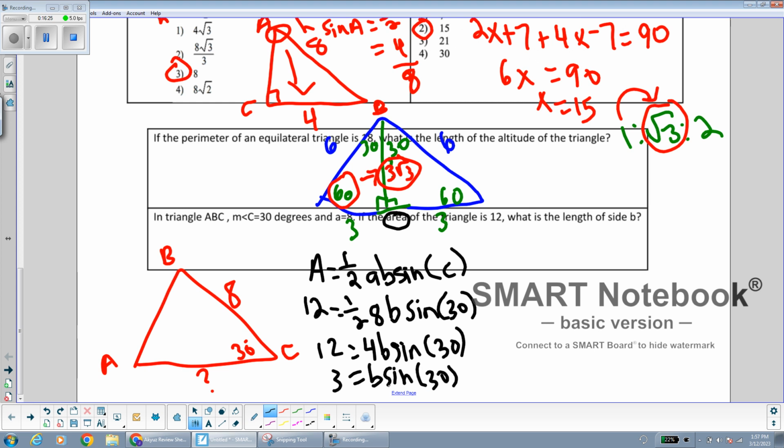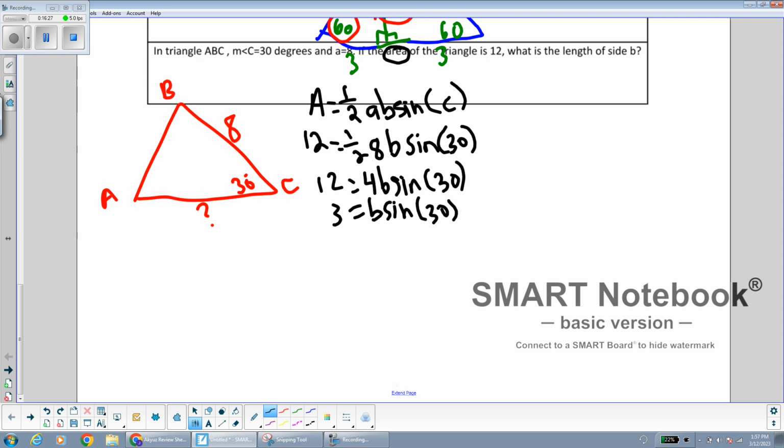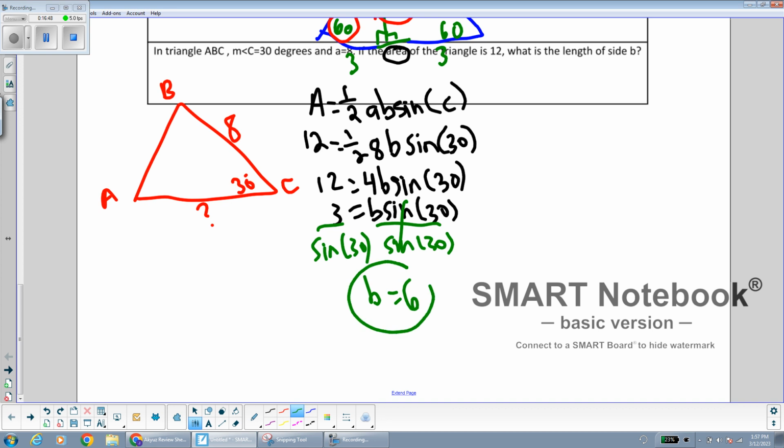And the very last thing that I need to do to get b by itself is divide both sides by sine of 30. So on my calculator, let me do 3 divided by sine of 30, and I got 6. It worked out nicely. So side b is 6.